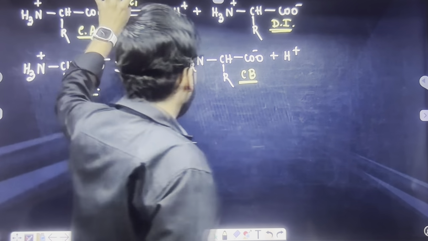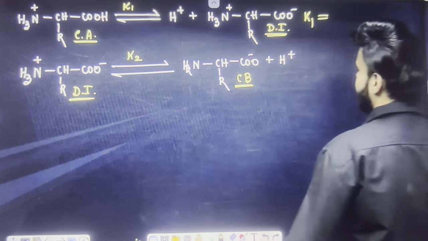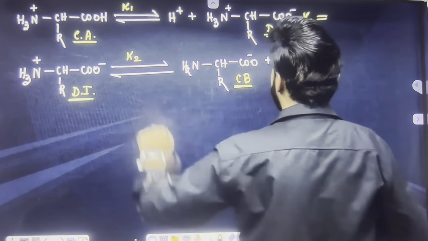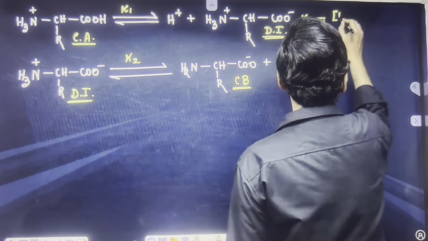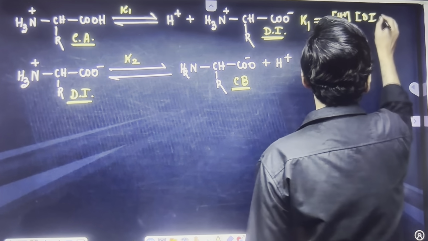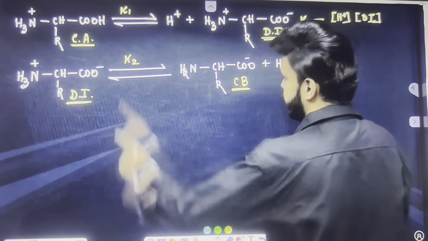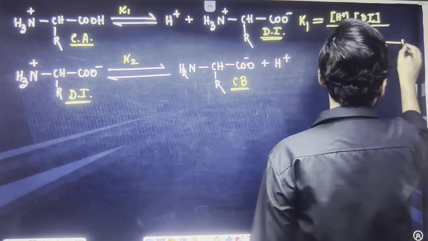So what will be the expression for K1? Tell me. From ionic equilibrium, K1 will be the active mass of RHS by LHS. So it should be H plus into the dipolar ion divided by the conjugate acid. Say this is equation number 1.